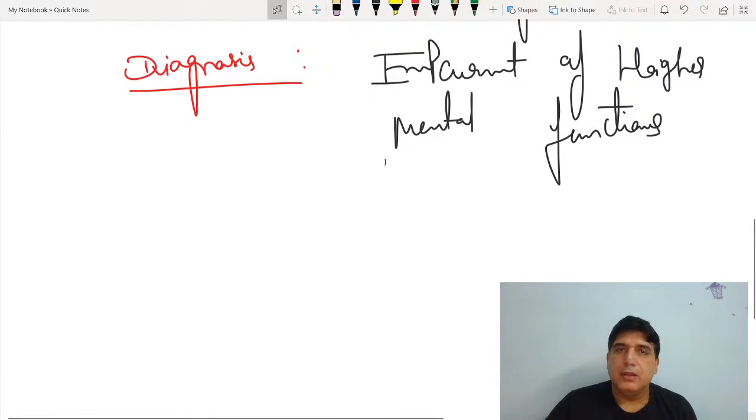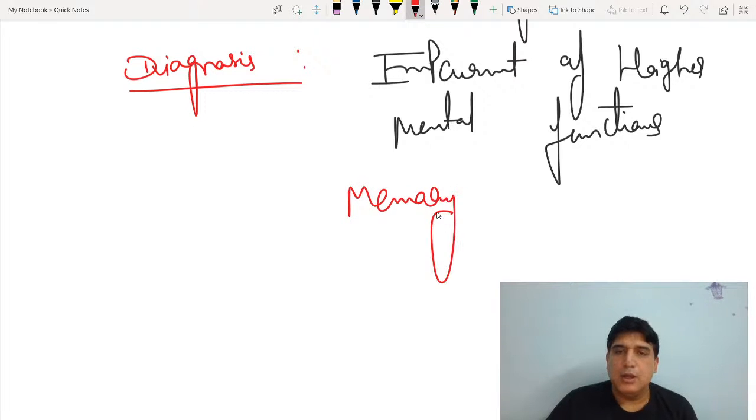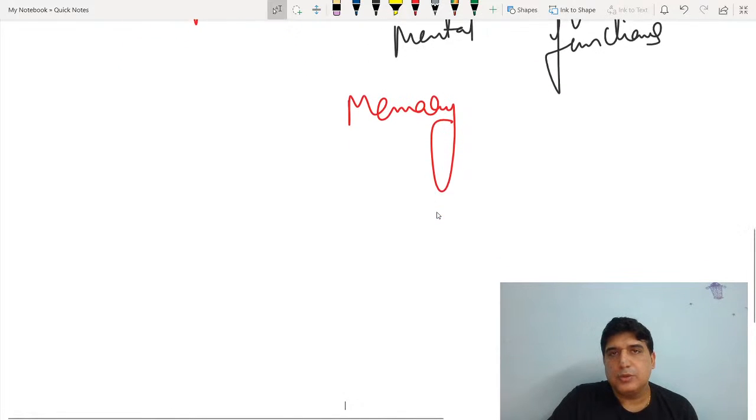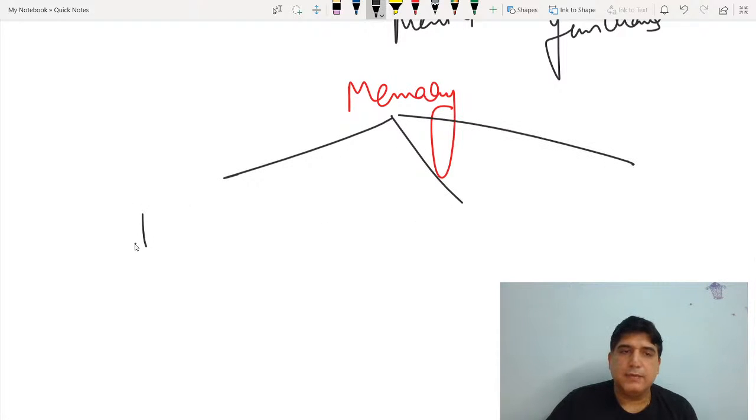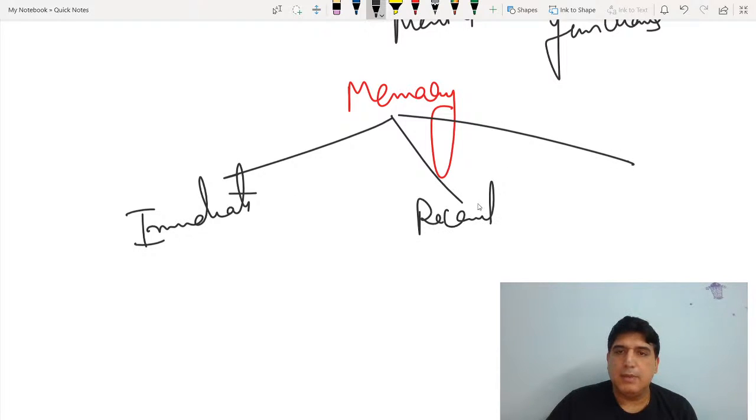Okay. In memory, they are asking MCQs nowadays, so you should know. We have 3 types of memory. This is a simple classification: immediate memory, recent memory, and remote memory.